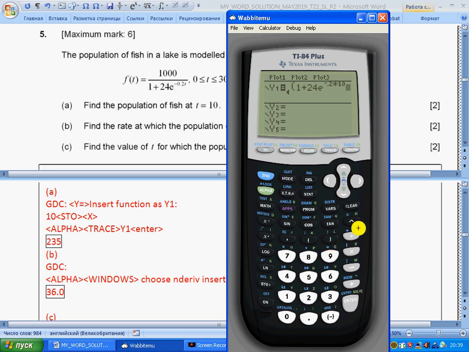Now we go to second trace, here we need alpha trace to choose our function y1, press enter, and we get the value 235. So this question is done.